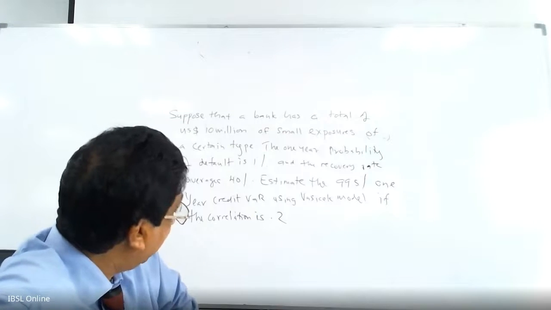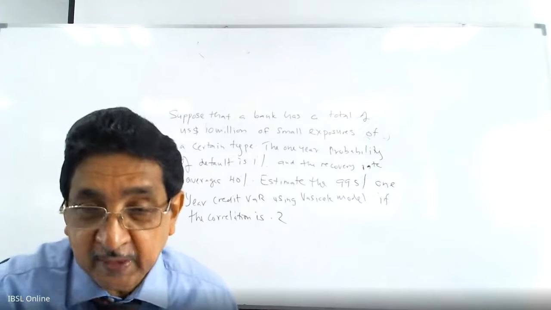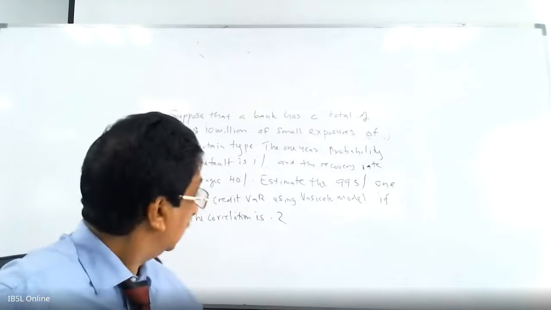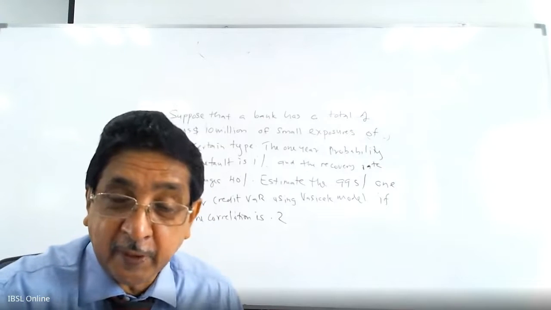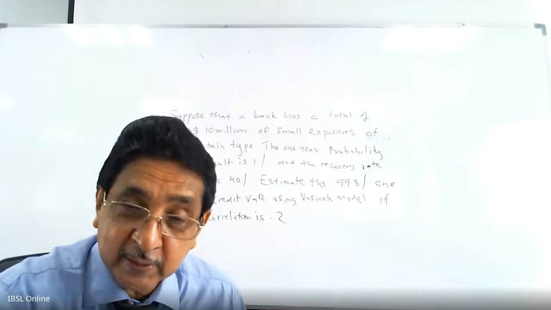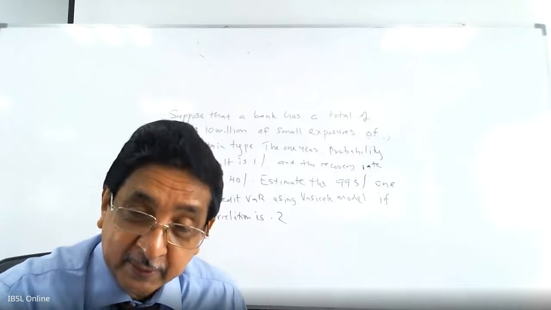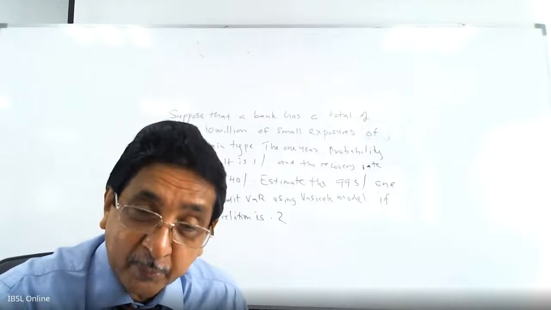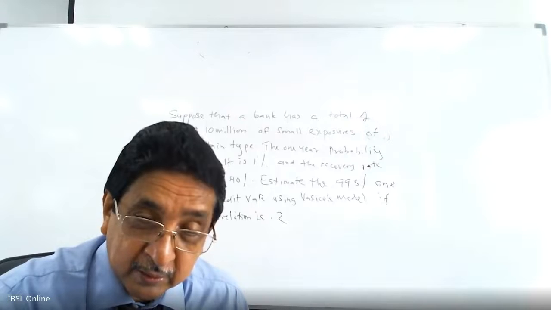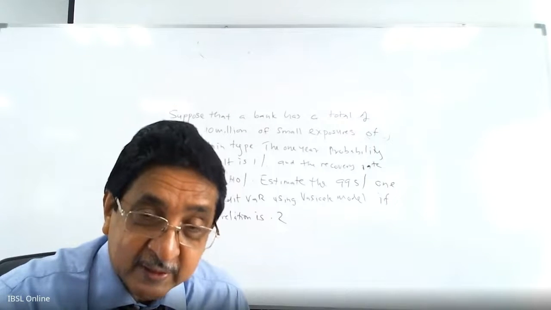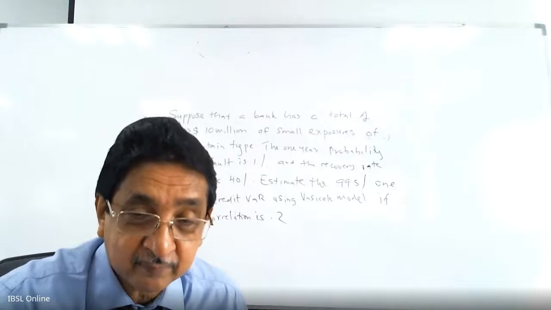Now, when you say value at risk, or credit value at risk, at a 99.5% confidence level, that confidence level comes with the total probabilities. Therefore, in the Vasicek model, there's a notation called X. X comes to this.